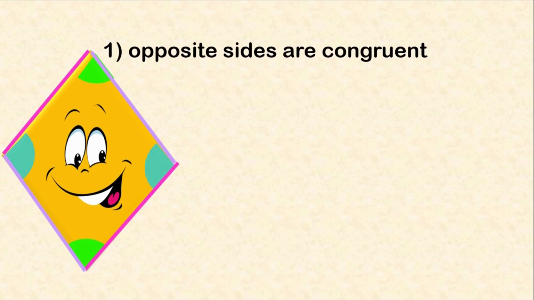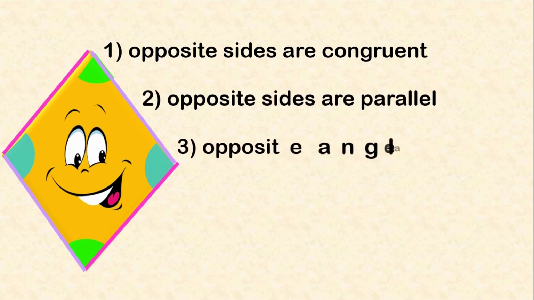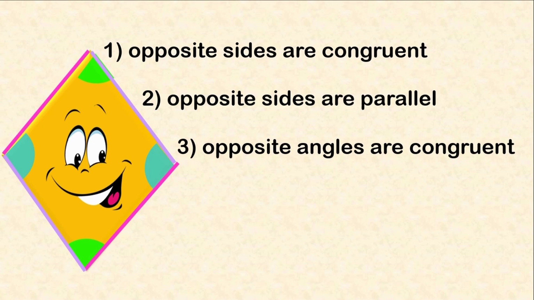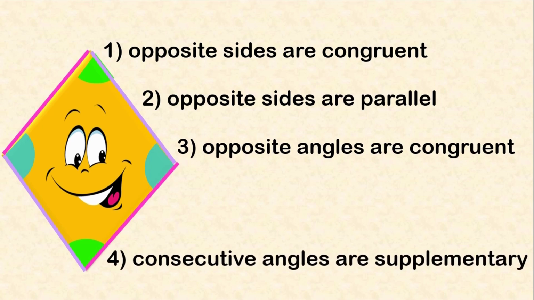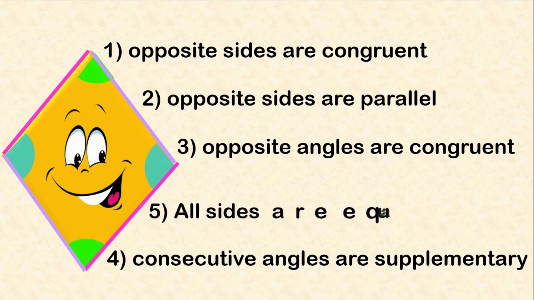Her opposite sides are equal and parallel, and opposite angles are equal too. And finally, consecutive angles are supplementary. But a specific feature for her is that all sides of her are equal.